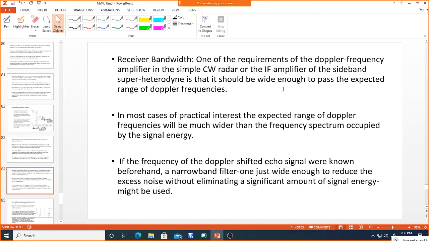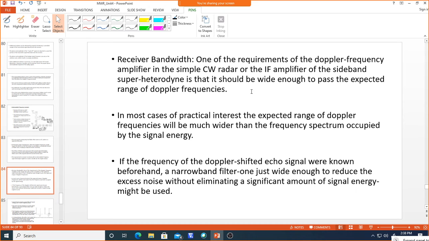One of the major requirements is the Doppler frequency amplifier. In a simple continuous wave radar, the IF amplifier of the sideband superheterodyne should be wide enough to pass the expected range of Doppler frequencies.